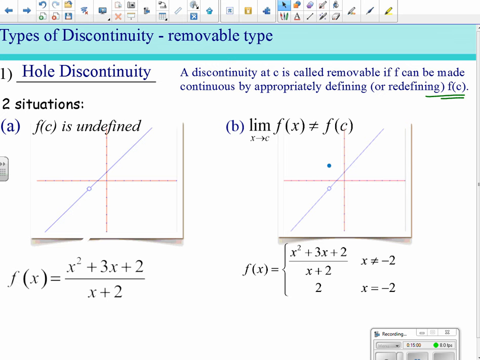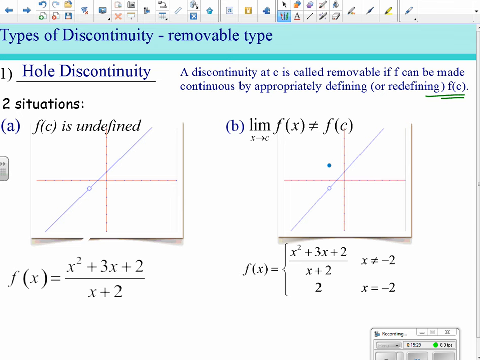And one type of that is the hole discontinuity. And right here we can see we have this linear function, we have this open circle. So it's discontinuous. However, if I could define that point, then I would have a continuous function. So these are called removable discontinuities because it's quite easy to fix the scenario.